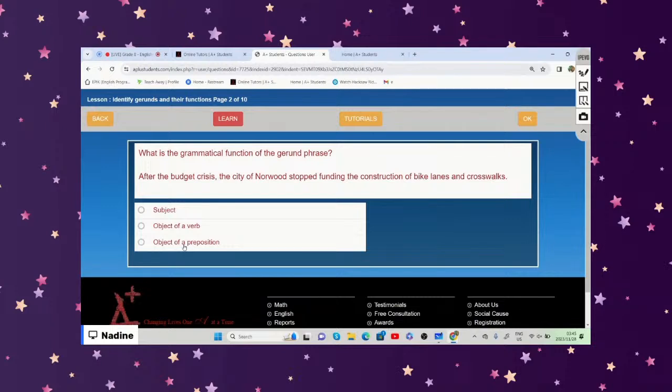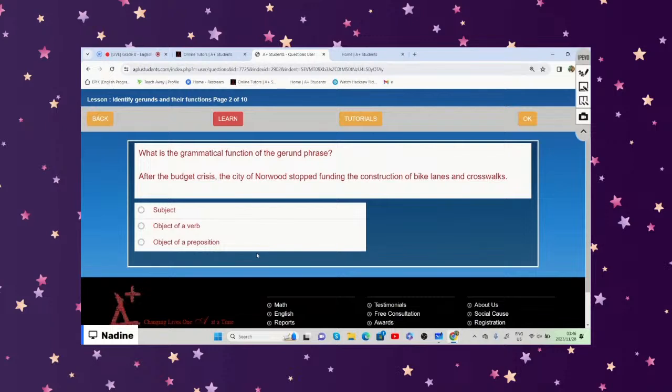What is the grammatical function of the gerund phrase? After the budget crisis, the city of Norwood stopped funding the construction of bike lanes and crossroads. So funding the construction of bike lanes and crossroads. Is that a subject, an object of the verb, or an object of the preposition? Look at the word that is in front of the word funding.